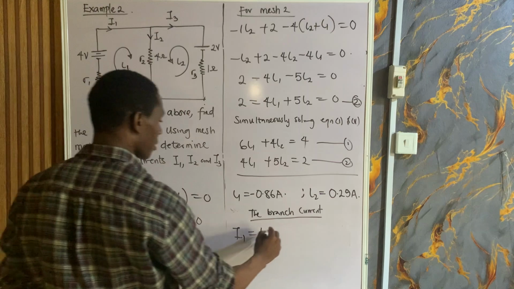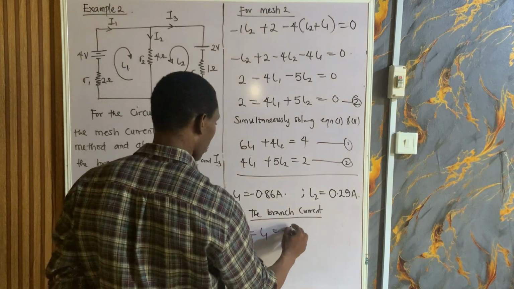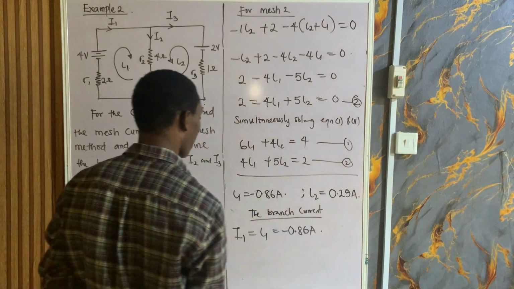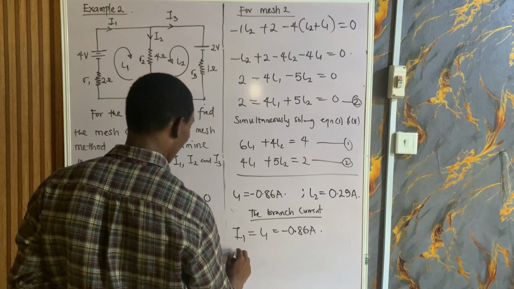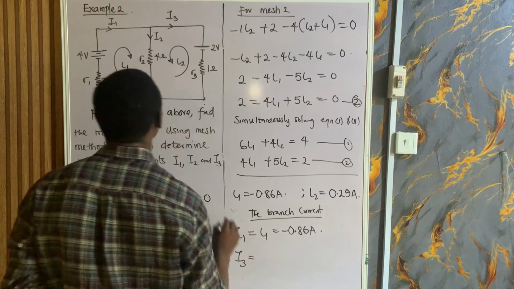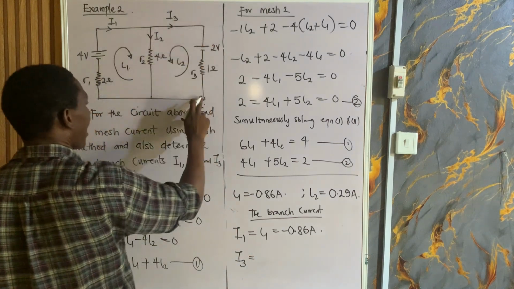They are in the same direction, and that will be minus 0.86 ampere. Now for the capital I3, it flows here, here and here.